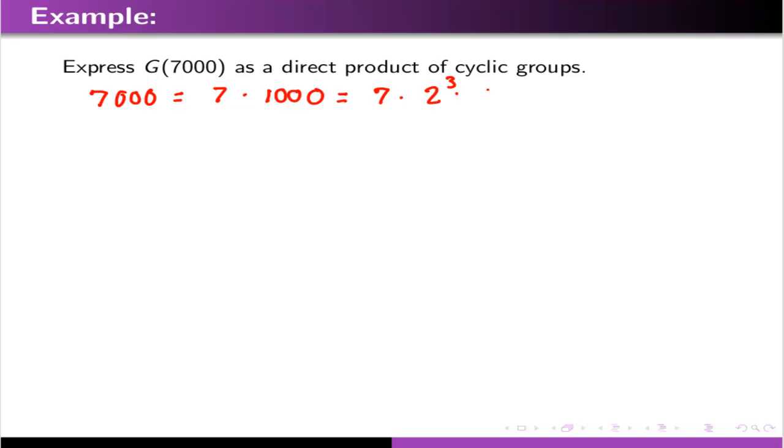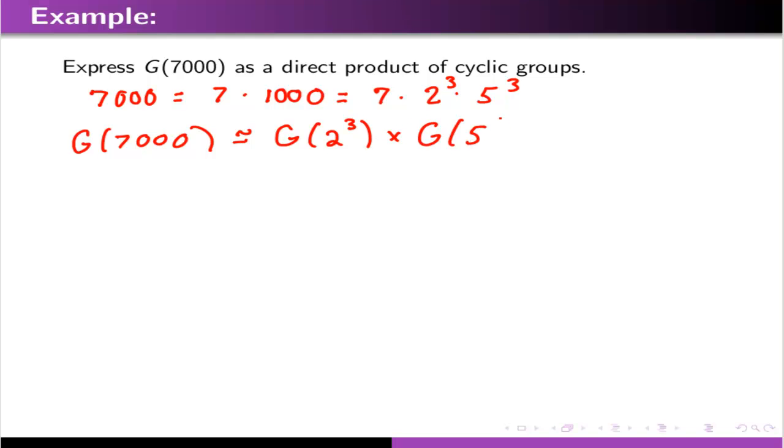So 2 cubed times 5 cubed. So the group of units is isomorphic to the group of units mod 2 cubed, cross the group of units mod 5 cubed, cross the group of units mod 7.